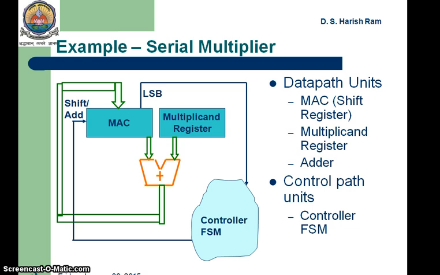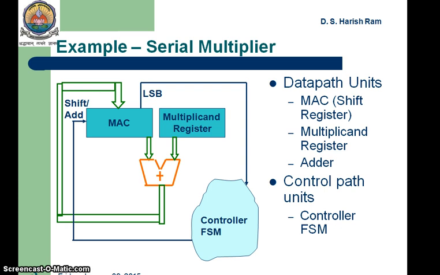Now this slide shows an example of a serial multiplier which is represented at the RTL level of abstraction. So we know that in a serial multiplier we have registers for storing the multiplicand, and the multiplier is stored in an accumulator, and as and when the serial multiplication progresses, the multiplier bits are shifted out.